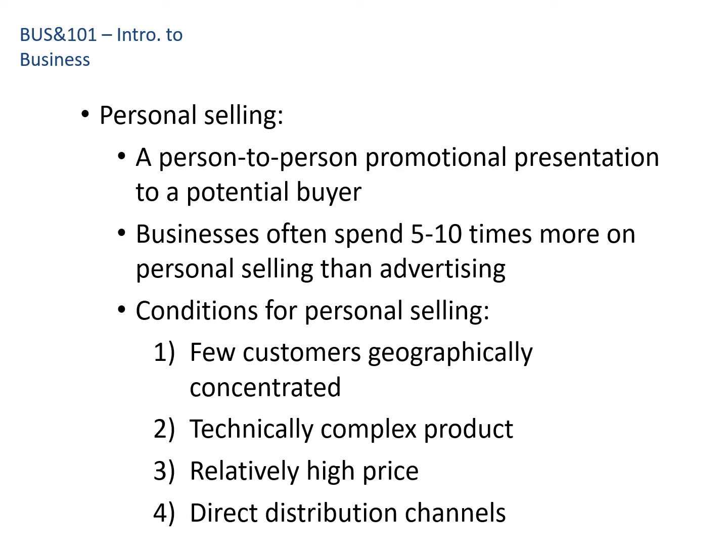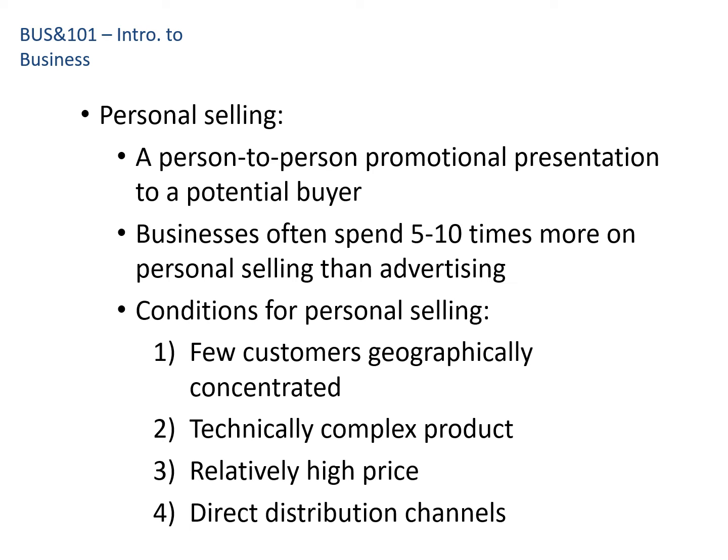Personal selling, a salesperson going to meet a customer and talk to them, generally requires that you have fewer customers that are geographically concentrated so that the salesperson doesn't spend all of their time driving. You can imagine if your territory was Idaho, Oregon, and Washington, you could spend 8 hours just getting to a customer.